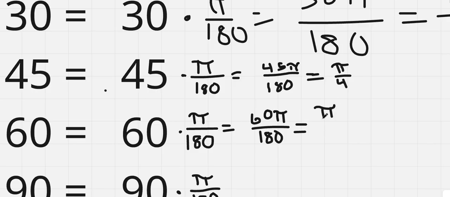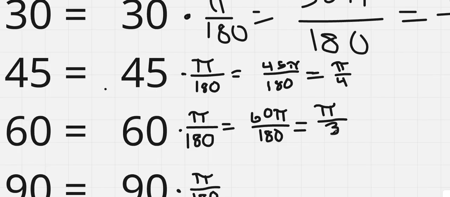And 60 goes into 180 3 times. 60, 120, 180. So we need 3 as our denominator.